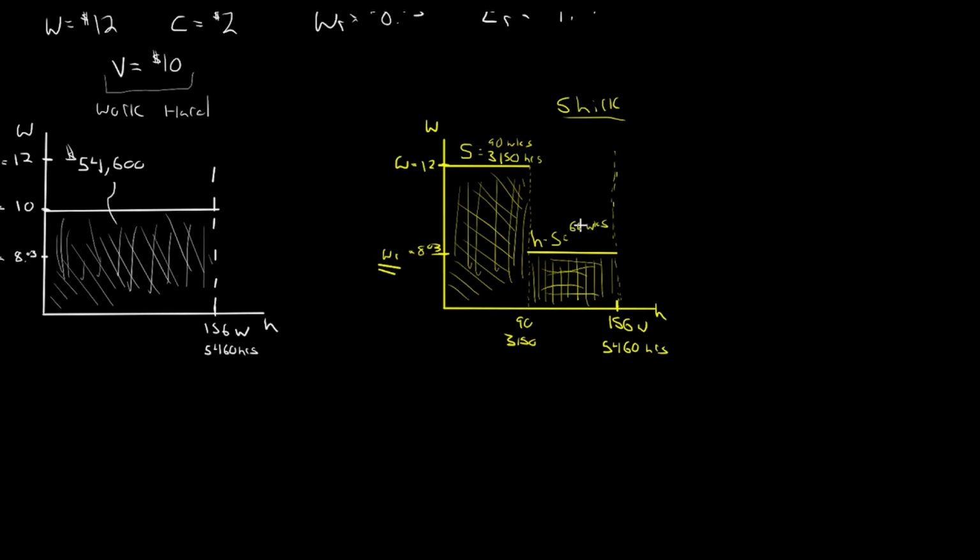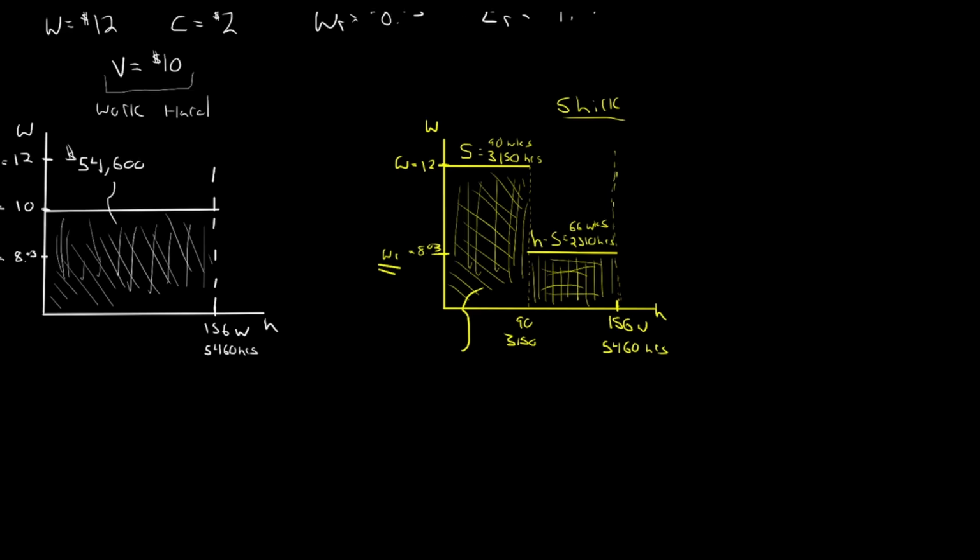Again, because 90 plus 66 gives us our 156-week horizon. We want things in terms of hours, so again, that's going to be 2,310 hours at the reservation. And so we get payoff for the shirking area.